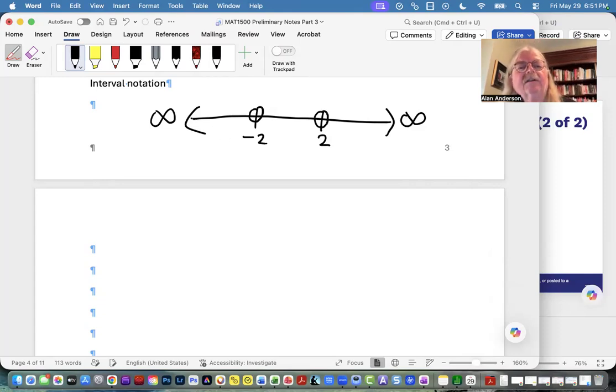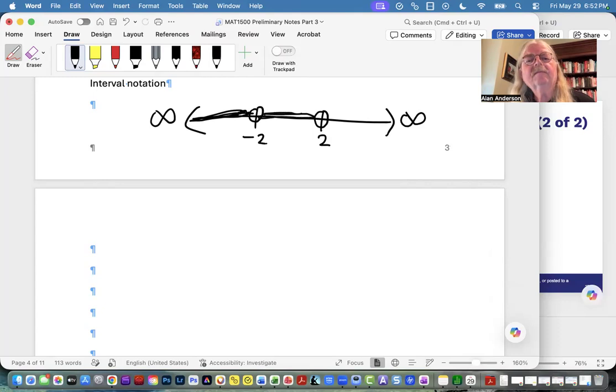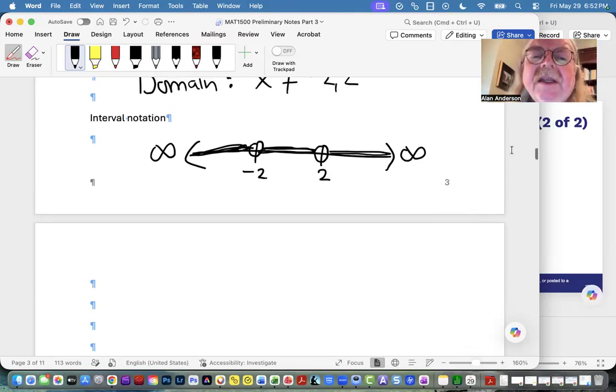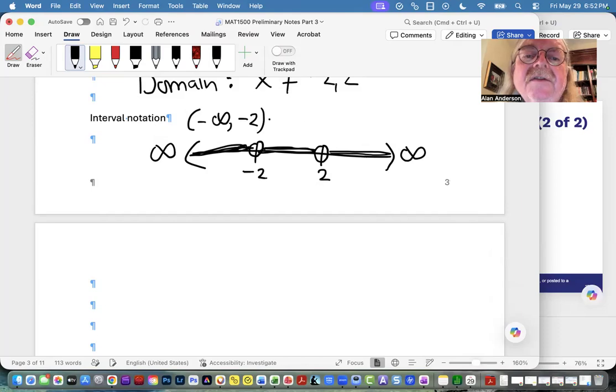And then everything else is included in that interval. So you could sort of fill that in a little bit. So what we essentially have is three intervals. This is the interval from negative infinity up to, but not including negative 2. Everything from negative 2 to 2, not including either of the endpoints, and 2 up to infinity.